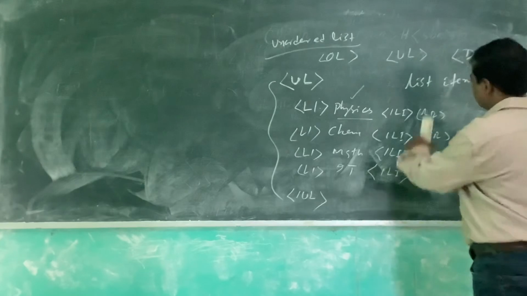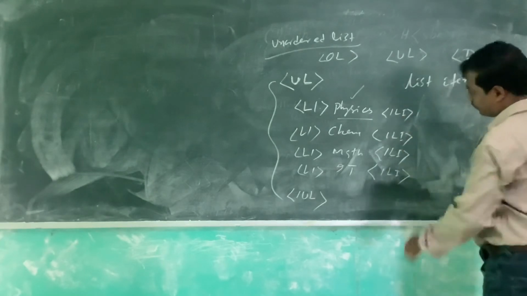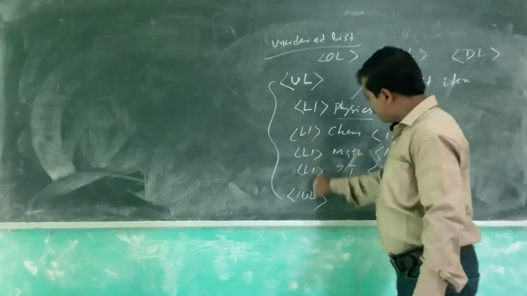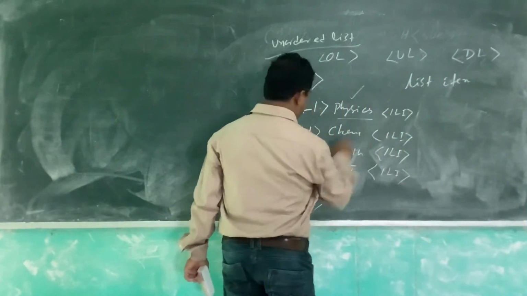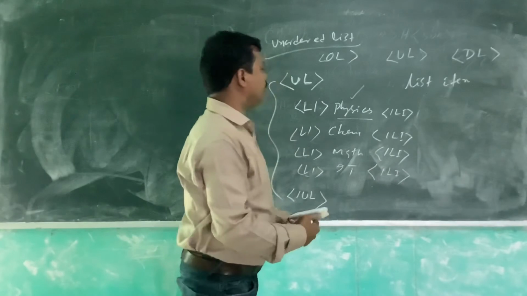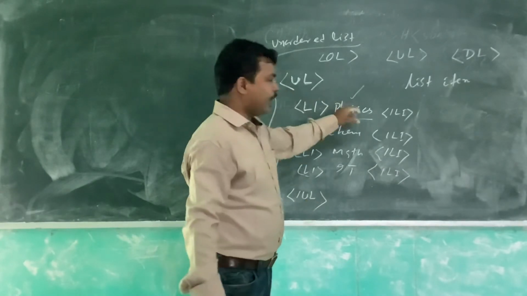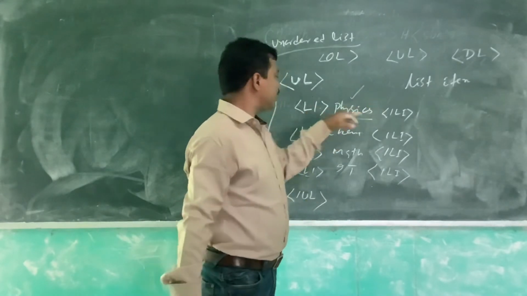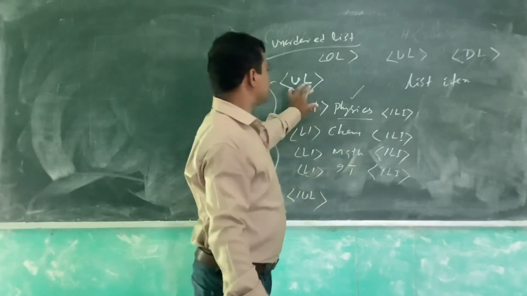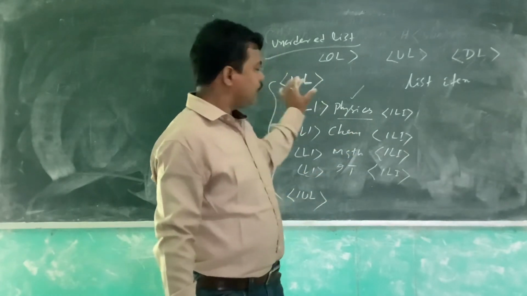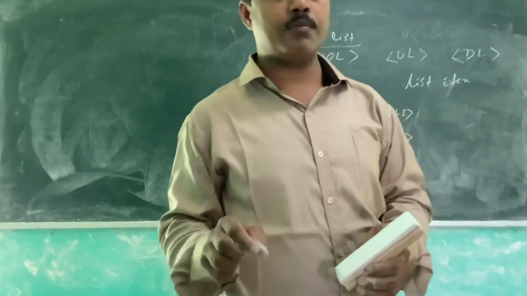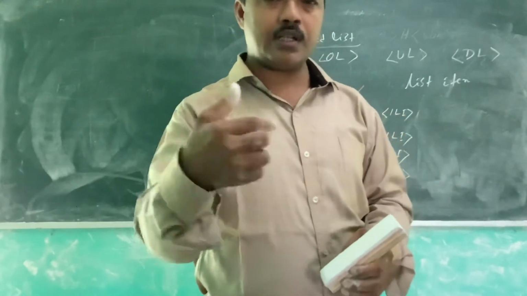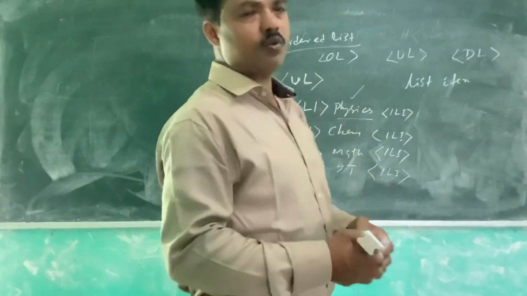So you can add more items. Instead of typing LI slash LI again and again, just after typing one item name, copy the line and paste as many times as you want.